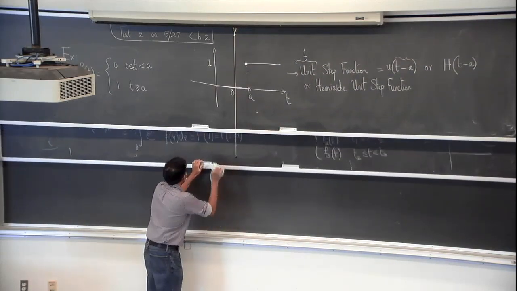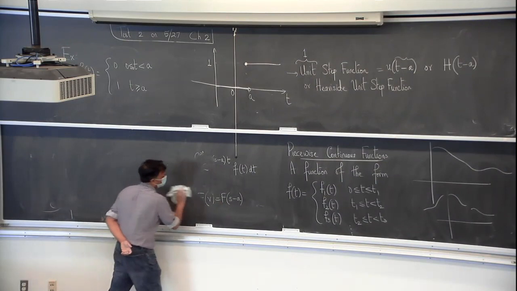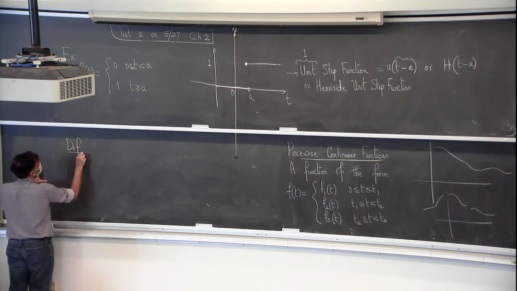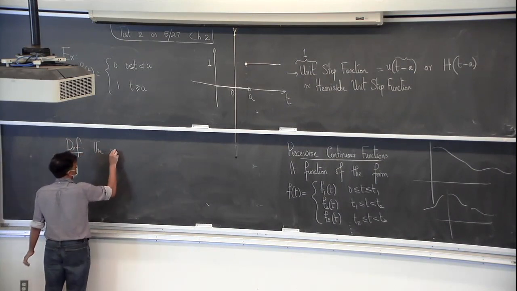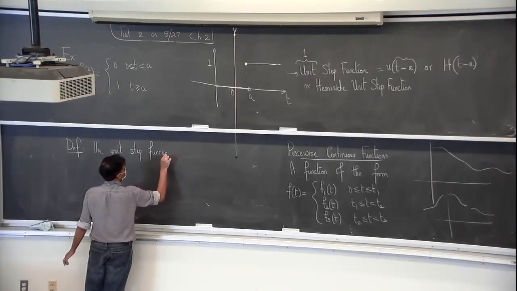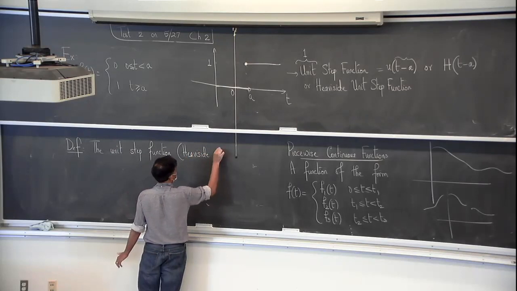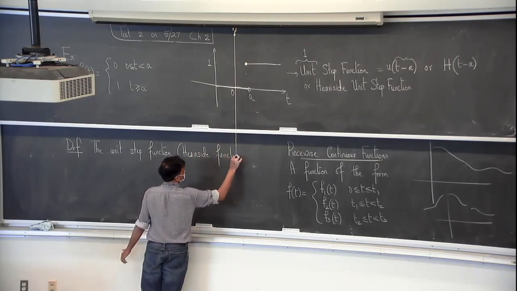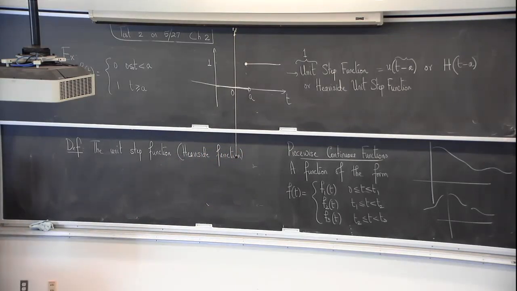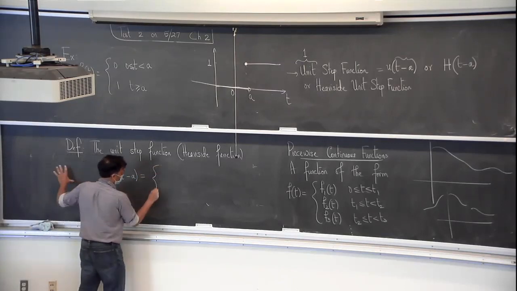So, definition. The unit step function, also called the Heaviside function, denoted by u of t minus a, is equal to either 0 or 1.